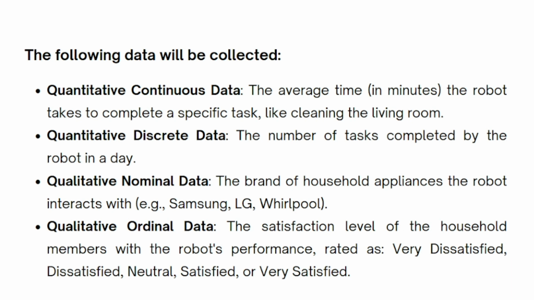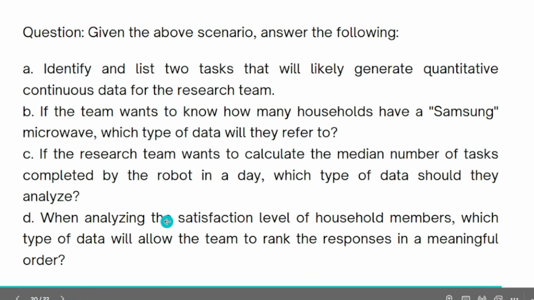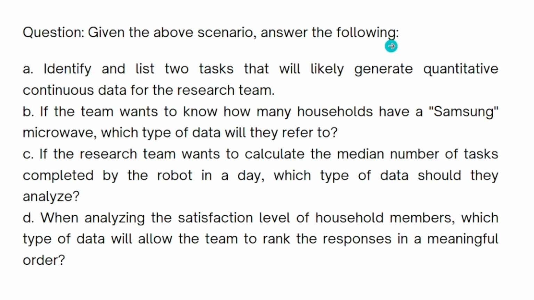So now we have got a very clear understanding about the scenario and the data that has been collected from it. So here is a challenging task for you. Given the above scenario, we need to answer the following questions. We need to identify and list two tasks that will likely generate quantitative continuous data for the research team.